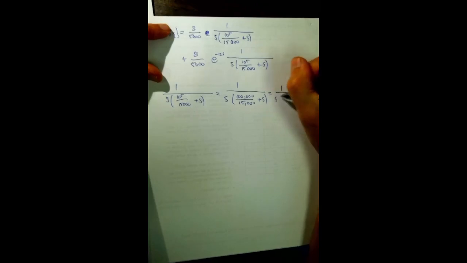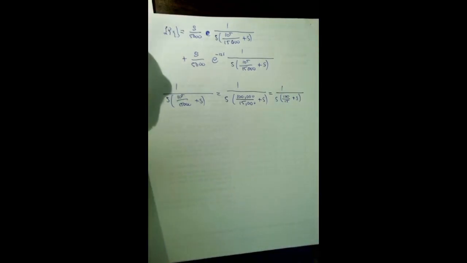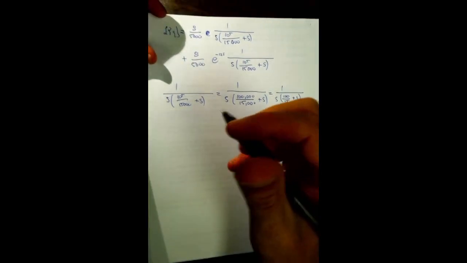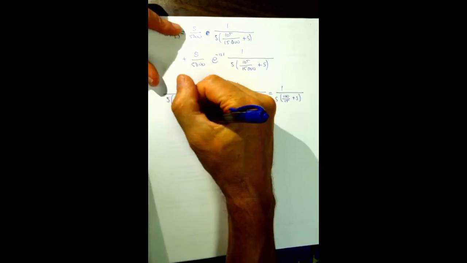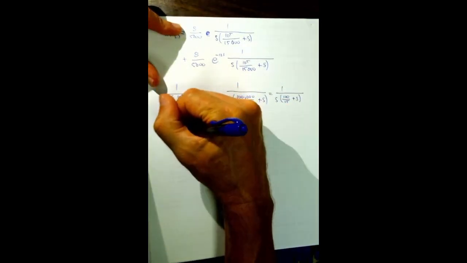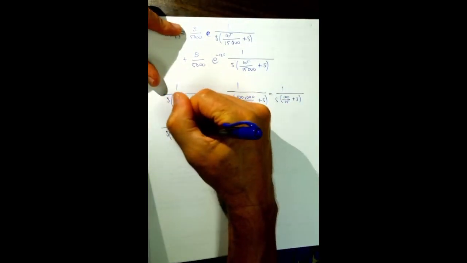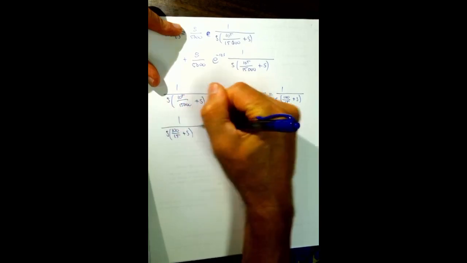Okay. So this becomes 1 over s times 100 over 15 plus s.